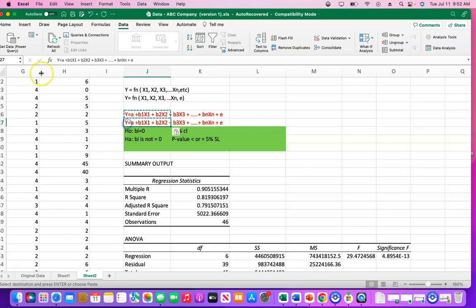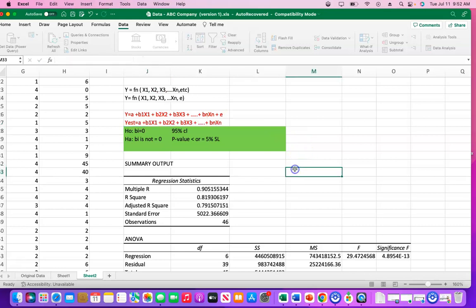So in this case, Y estimate equals all the variables that we have. I'm going to leave it like that. And this is how we can estimate our multiple linear regression model.